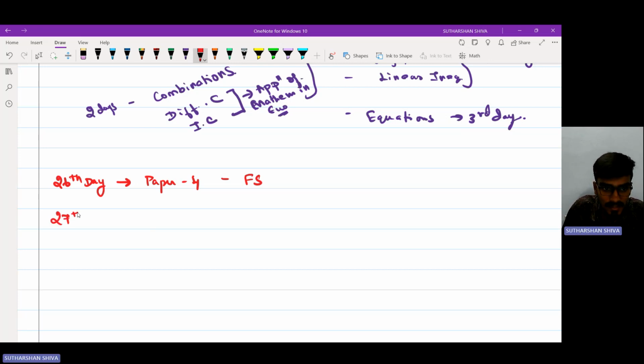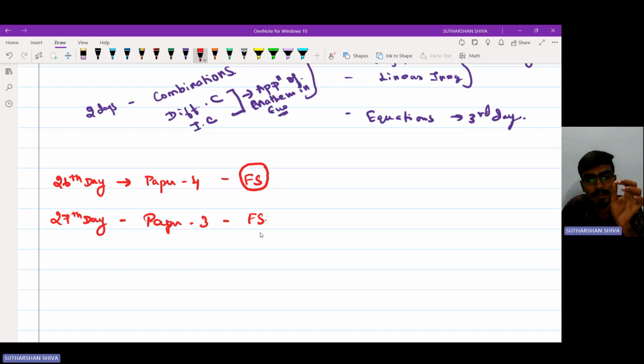And on the 27th day, you are going to write the paper 3 full syllabus test. So the first tests, on the 26th day, are paper 4 and paper 3 full syllabus tests.